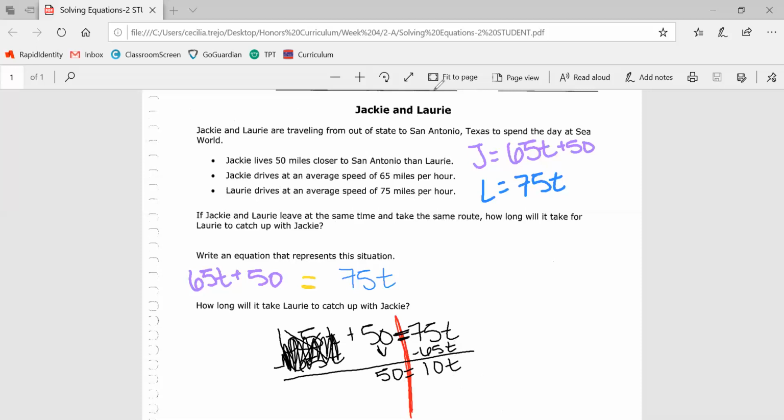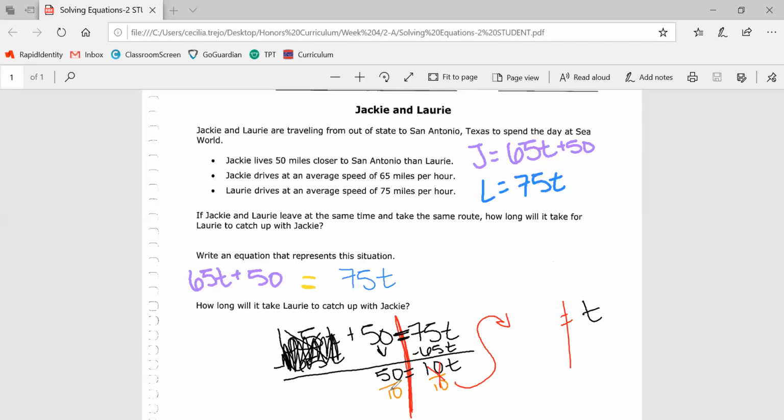I need to solve for the letter t, and we need to do the opposite of multiplication because this is multiplying. So I'm going to divide both sides by 10. Awesome. And now I know that 10 divided by 10 gives us t, or just 1.